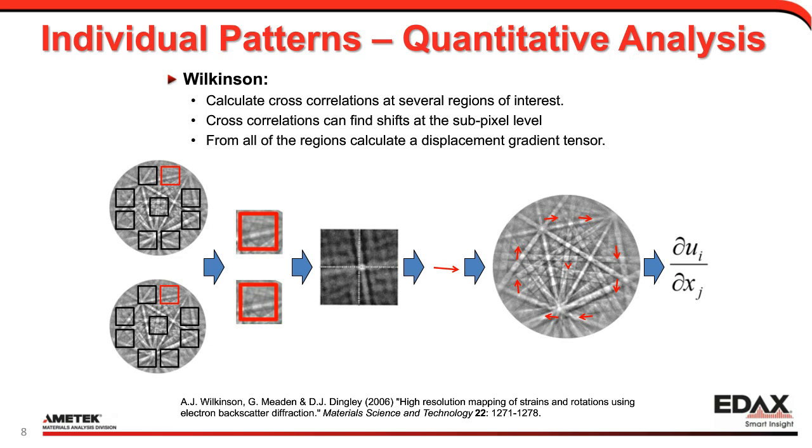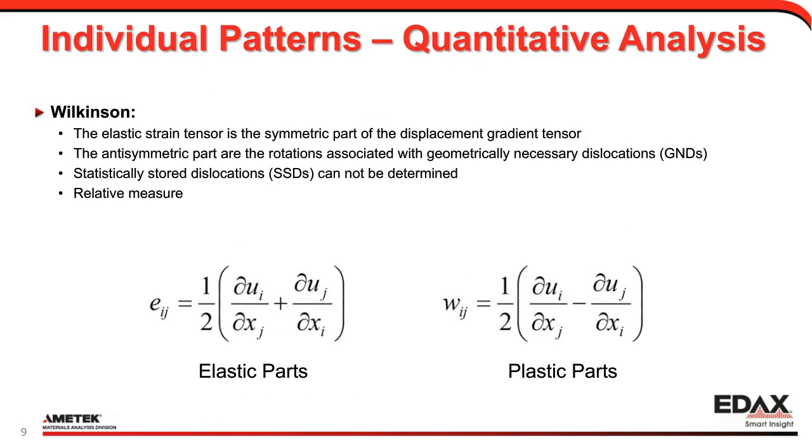From that, you can split it up into different parts, the elastic parts and the plastic parts that I've tried to show here. The anti-symmetric part is the rotations, that is the plastic part, and they're associated with geometrically necessary dislocations. The symmetric part is the elastic strain tensor.